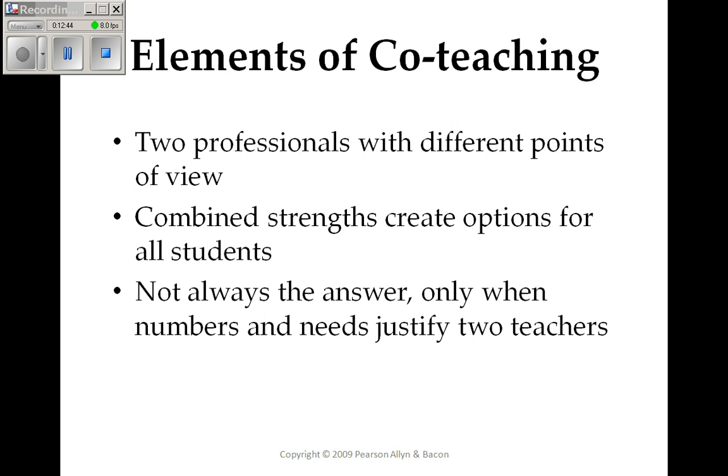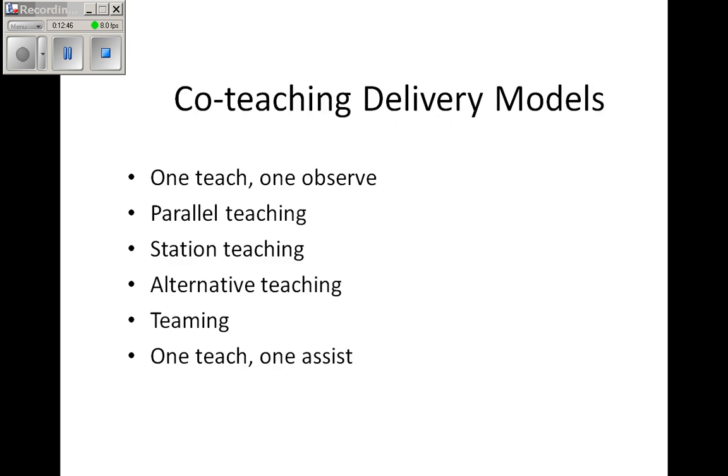So let's get into the meat of this and look at the actual 6 models, the 6 ways you can deliver services to students. We're going to go through each one of these. We're going to talk about the pros and the cons. And as we go through, think about which one maybe intrigues you, or what your opinion might be on some of these.